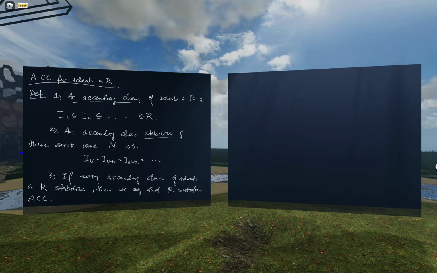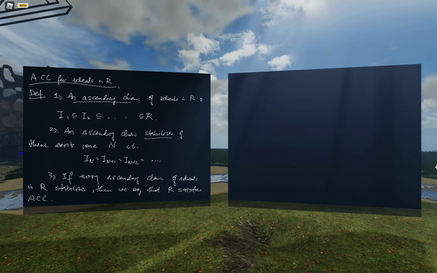Yeah, so this definition of ascending chains, stabilization, and ACC, we're saying it as a property of R, but you can easily imagine this to be a property of any old ring, right?